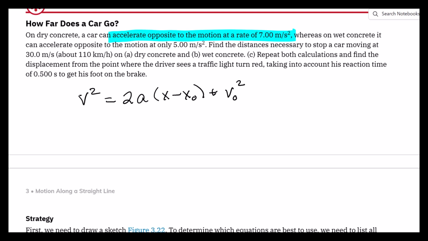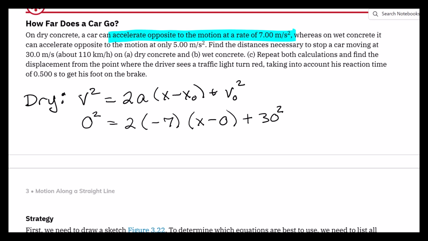Okay. So it accelerates opposite to motion. Okay, so let's do dry concrete. Okay, so I want my final velocity to be nothing, and it's equal to 2 times the deceleration of 7 times x minus, it starts at nothing, plus its initial velocity is 30 meters per second, squared.